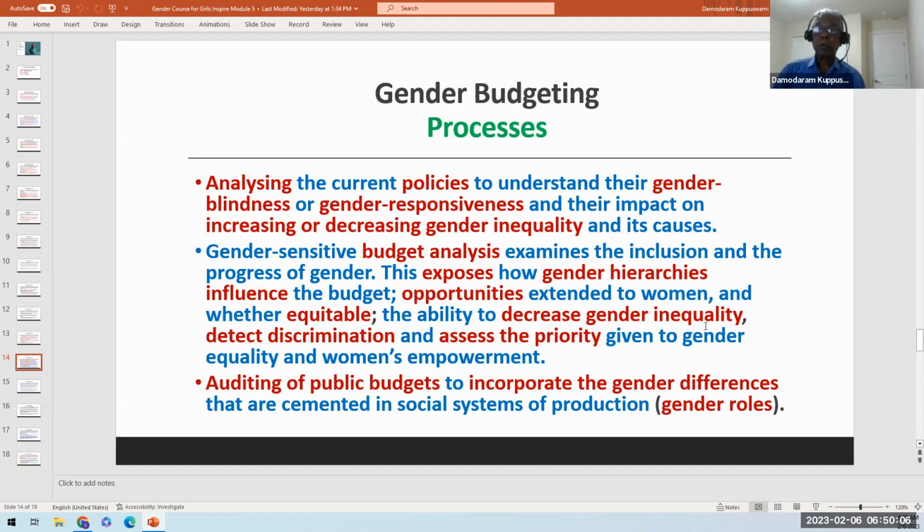When we audit this budget, we need to incorporate the gender differences embedded in gender roles, in terms of what roles are assigned to the different genders.